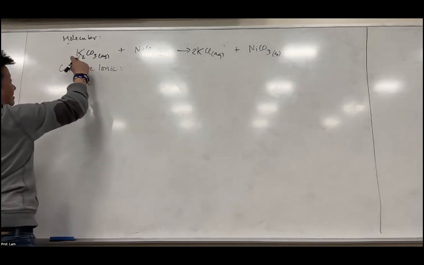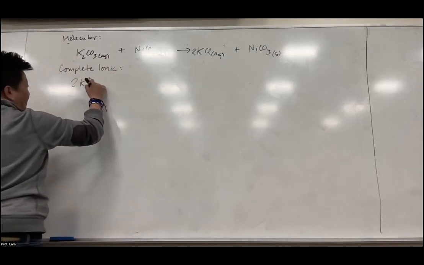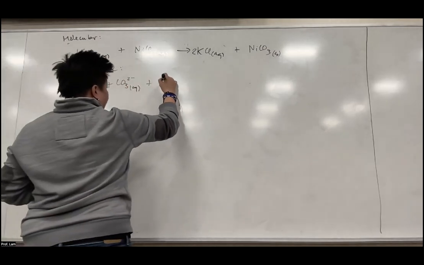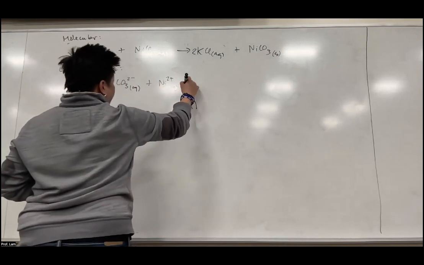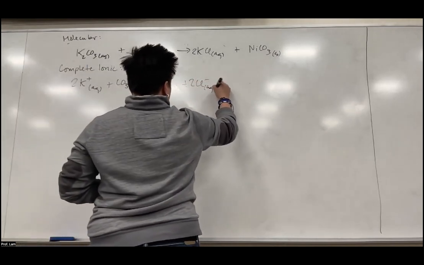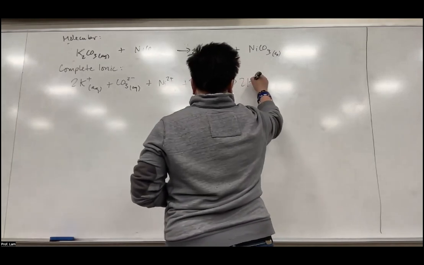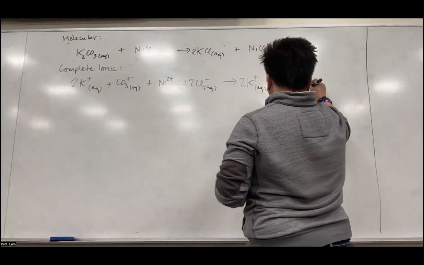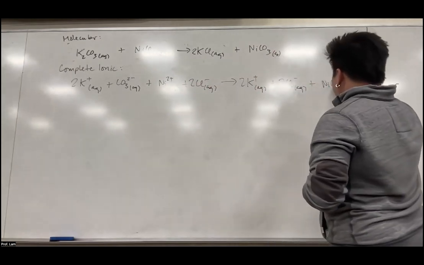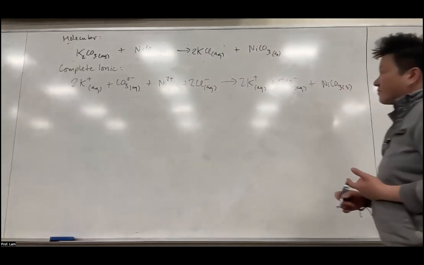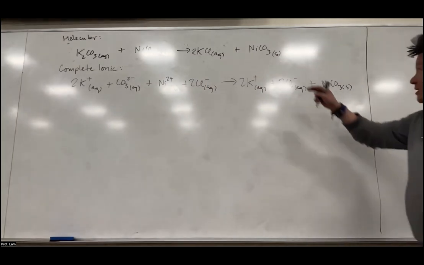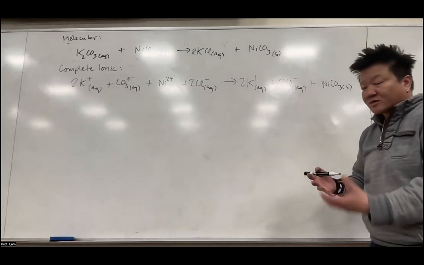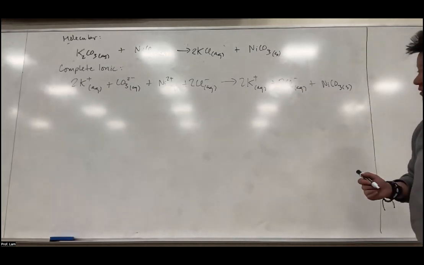So K2CO3 aqueous, split it: 2K plus aqueous plus CO3 2 minus aqueous plus Ni2 plus aqueous plus 2Cl minus aqueous goes to 2K plus aqueous plus 2Cl minus aqueous plus NiCO3 solid. Okay. So the only thing I don't split up is the precipitate, right? Because it makes sense. It's not aqueous, right? It precipitated out.